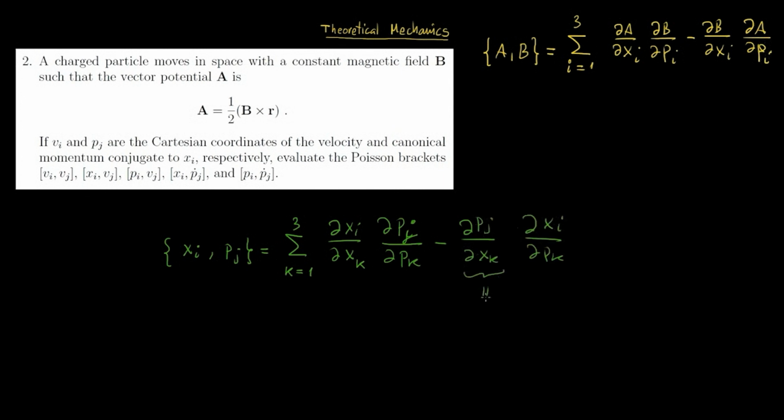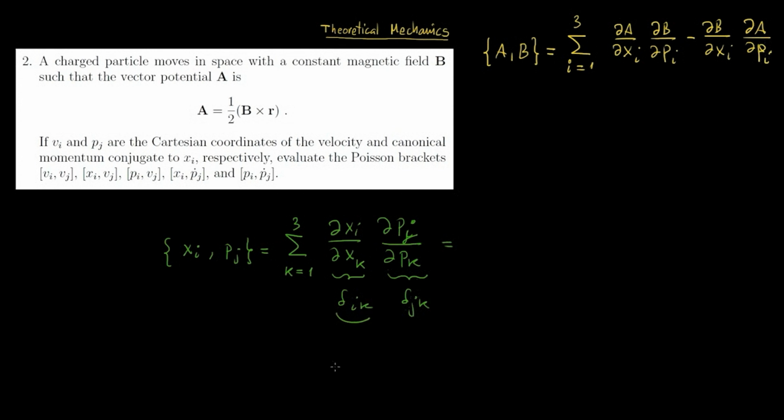This is 0 because p and x are independent variables, so we can delete it, and this is just a Kronecker delta ik and jk.